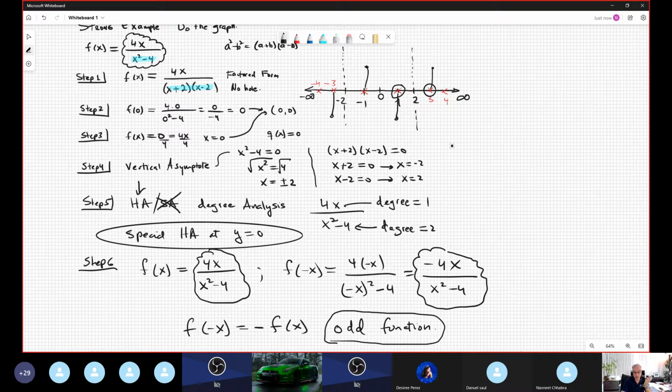Sometimes it happens, and here the answer is yes. And by the way, it's the same famous point 0,0. You remember very well it's the x-intercept and the y-intercept, and also the point at which the curve crosses the horizontal asymptote, because it's 0. It's a coincidence.